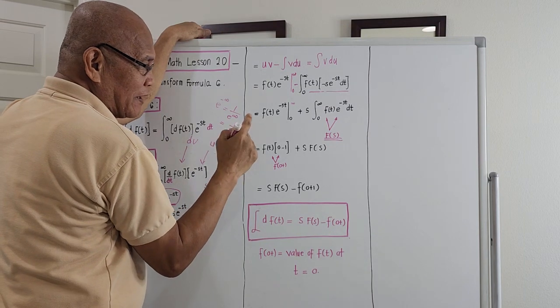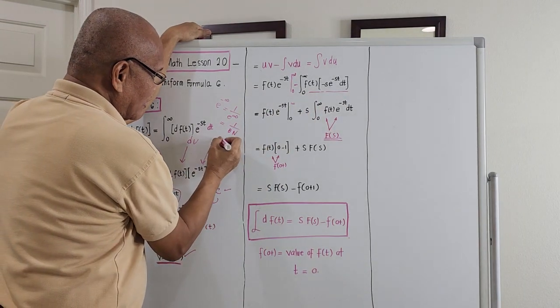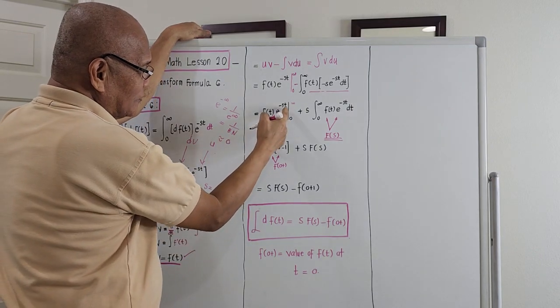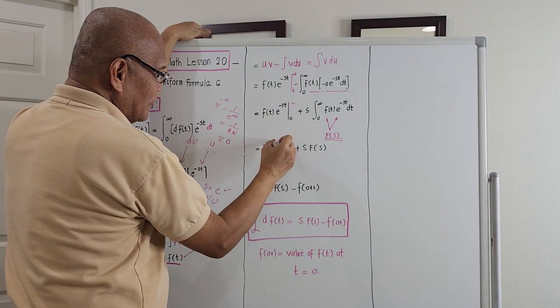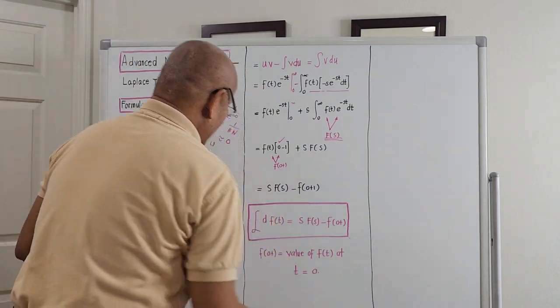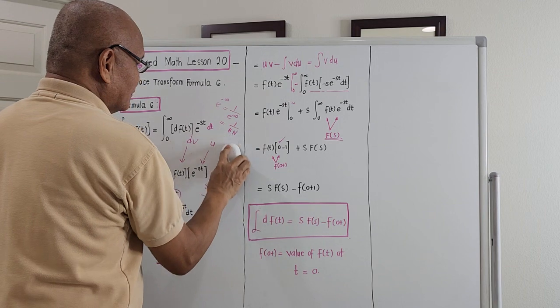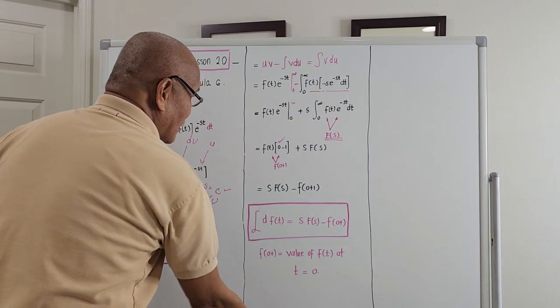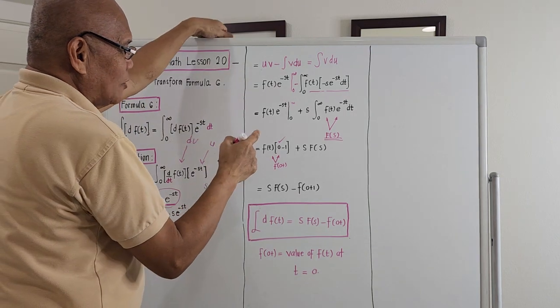And 1 over a very, very big number is approximately equal to 0. So when we place time t to be infinity, the upper limit is 0, same as the last time around. Okay, let's apply the lower limit.